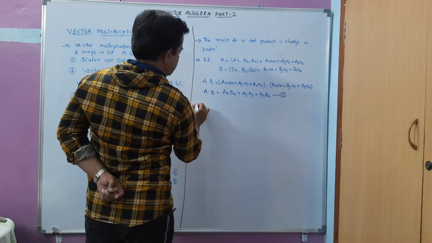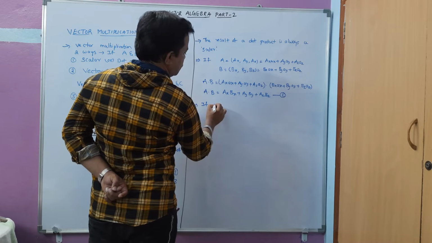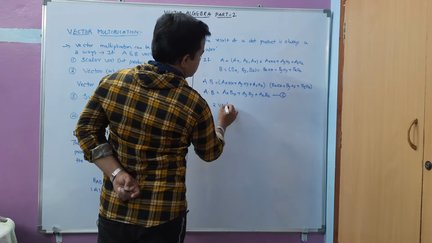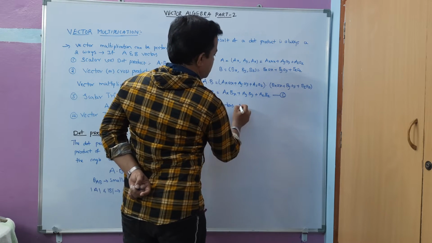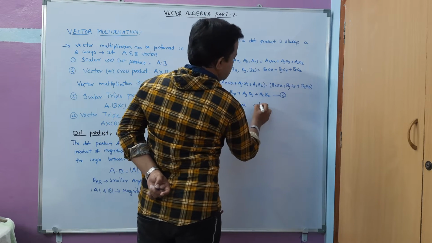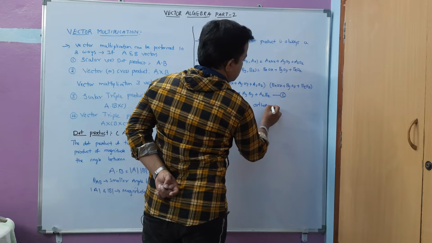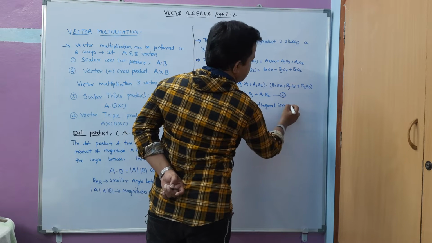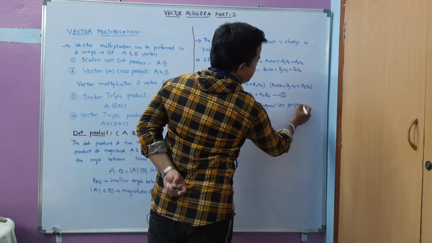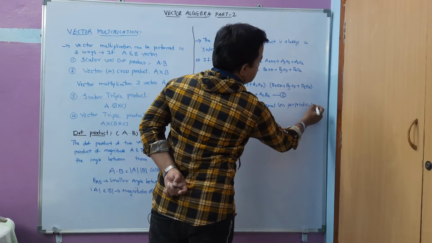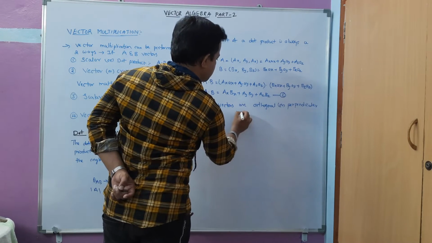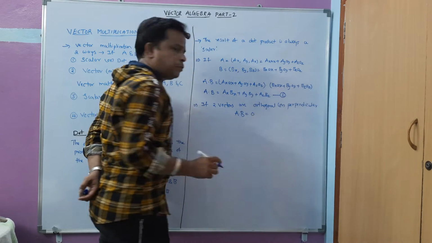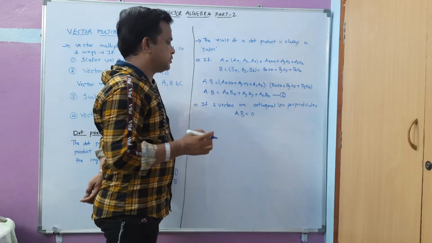So if two vectors are orthogonal or perpendicular, then the dot product is 0, that is A dot B is 0. So how are we going to get this? Let us see.